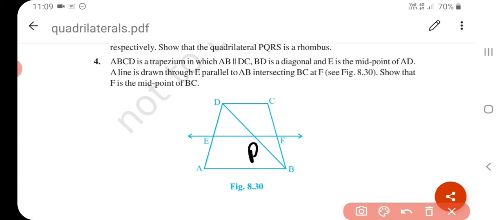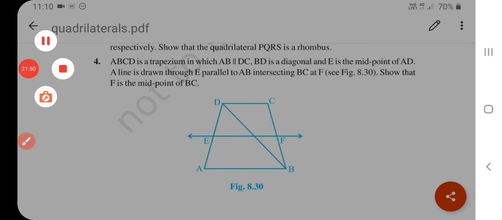If it is a midpoint, then we can say that EF is parallel to CD. Okay, so EF is parallel to AB and AB is parallel to CD, and P is the midpoint of BD. So by converse of midpoint theorem, F is a midpoint of BC. Okay, understand?